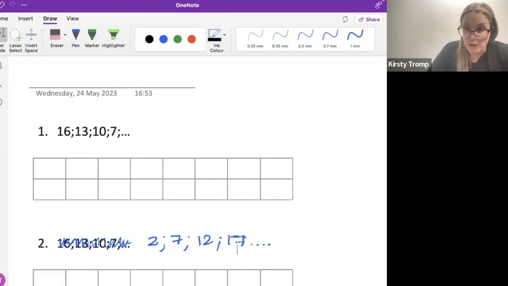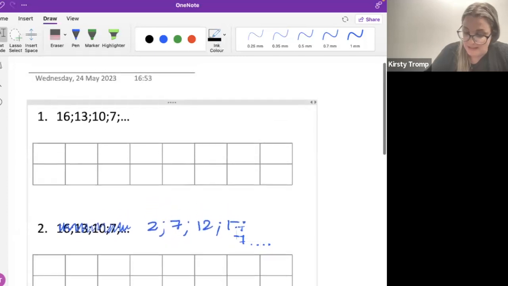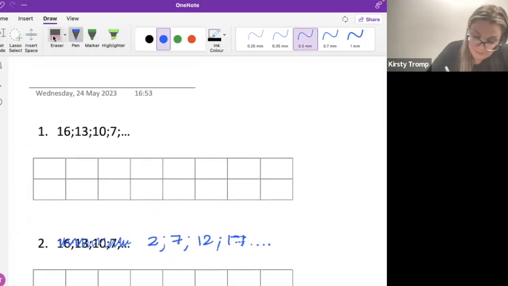So tonight we're going to start by putting this number pattern inside of a table. Let's have a look at what happens if we put this number pattern inside of a table. In my table, I'm going to put my numbers on the top.